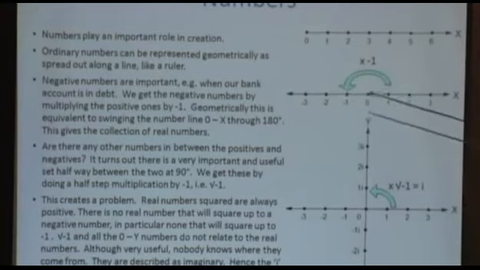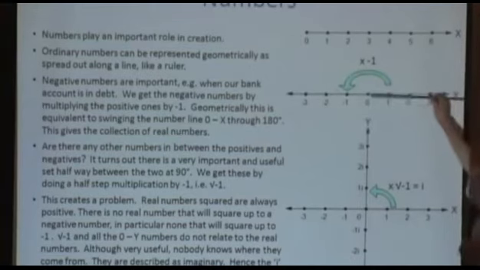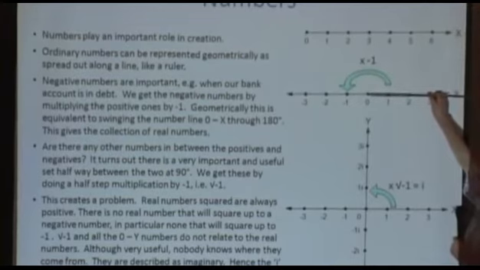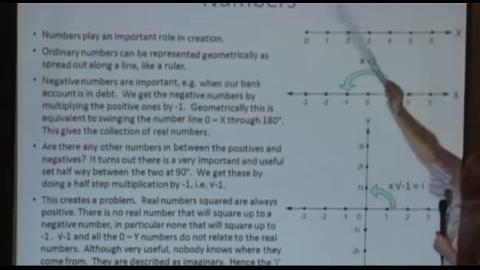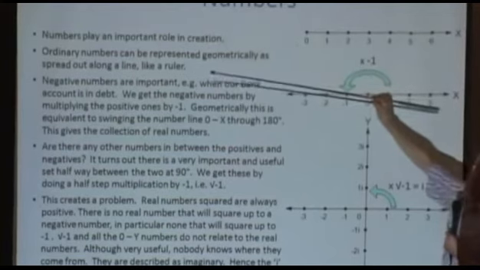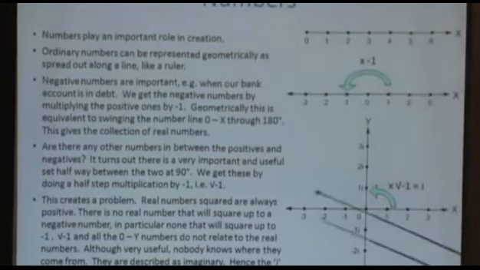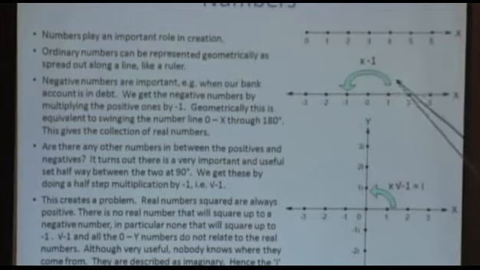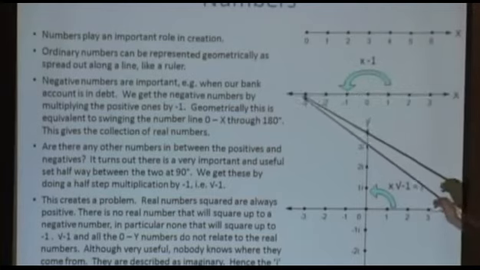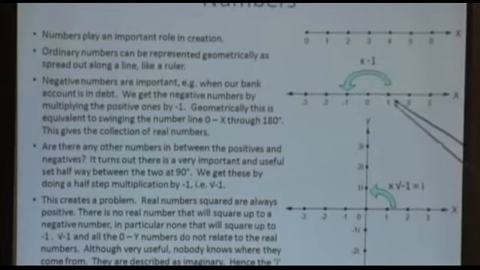Now, geometrically, we can get these negative numbers by taking the line that we have up there for the positive numbers and rotating it through 180 degrees. We get the same effect by multiplying the ordinary numbers by -1, and we get the negative numbers. So the combination of the positive and the negative numbers make up a collection of what is referred to as the real numbers.